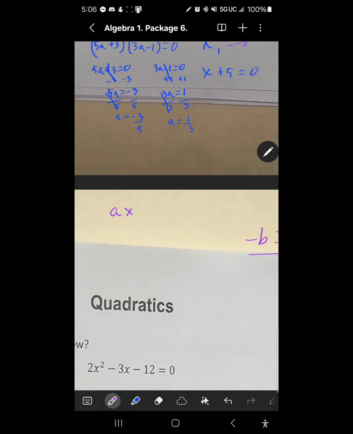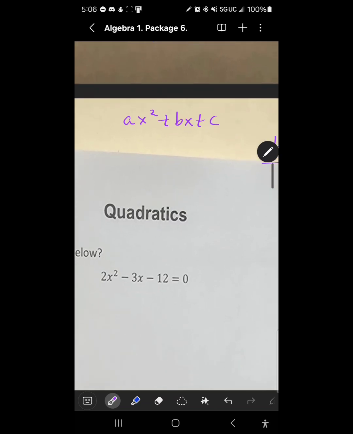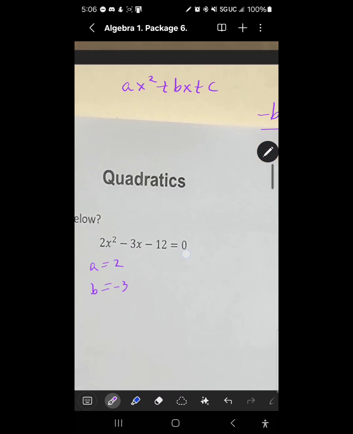You have ax squared plus bx plus c. So in this case, I'm going to say that a equals 2, b equals negative 3 when you take the sign into consideration, and c equals negative 12.